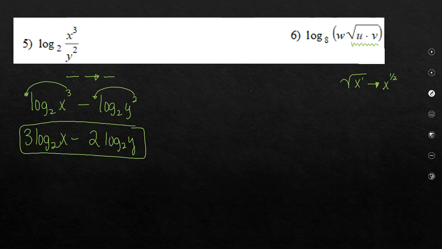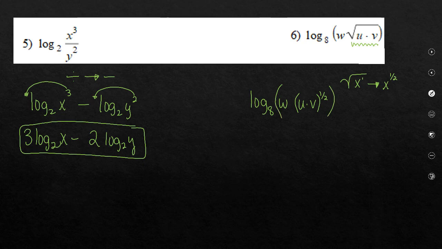Okay, so I'm going to start with log base 8. I'm going to keep what I have here of w, and then I'm going to change the u multiplied by v. I'm going to put it in parentheses and raise both of those to the power of 1/2. And all of that's one big argument.